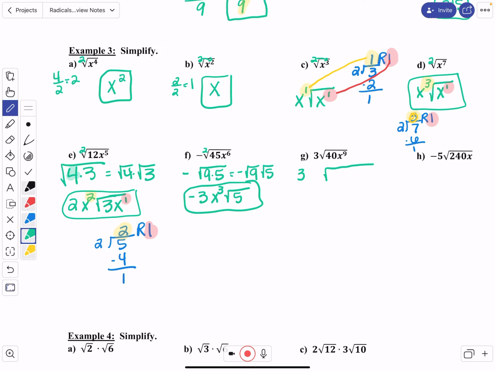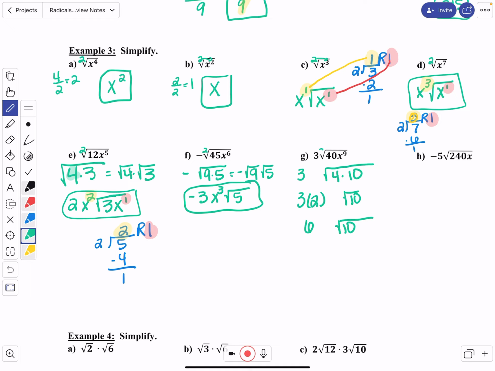I guess the biggest one is 4. Okay, so 4 and 10. So I've got my 3. Square root of 4 is going to be 2. And then 10 stays in the radical. And I can go ahead and do 3 times 2. That's going to turn into 6, and I've got my square root of 10 in my radical.